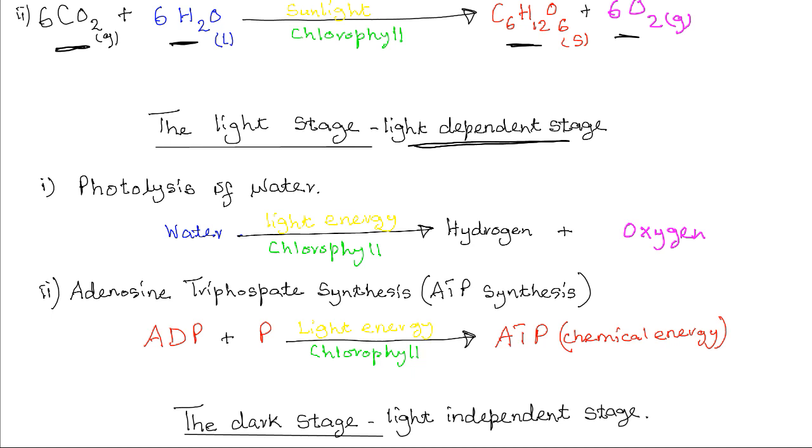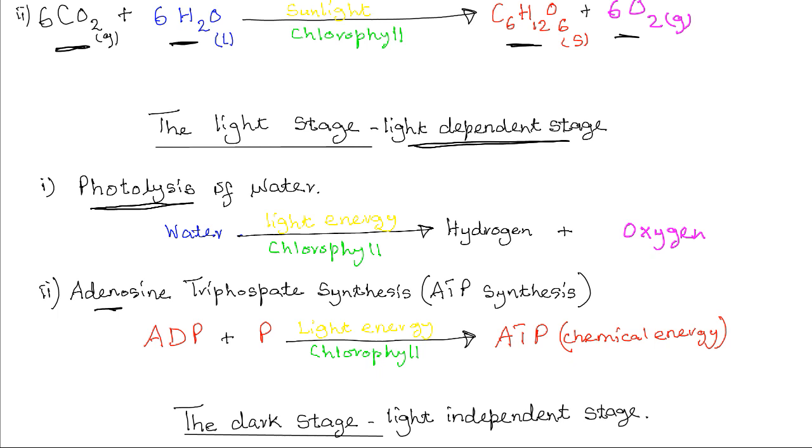The light energy is used to split water into hydrogen ions and oxygen. Now, during this splitting, some energy is released, and this energy is what is used to drive the second process that takes place during the light stage, and that is the synthesis of ATP molecules.